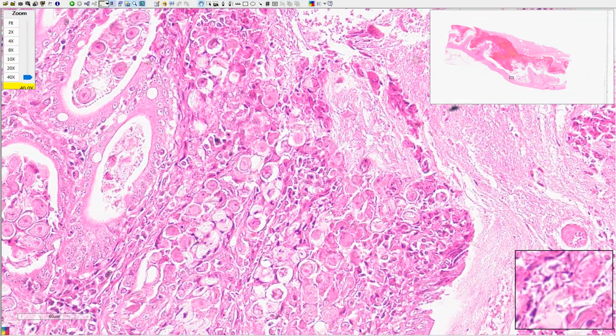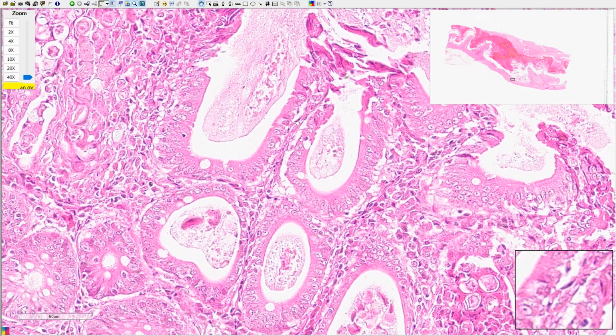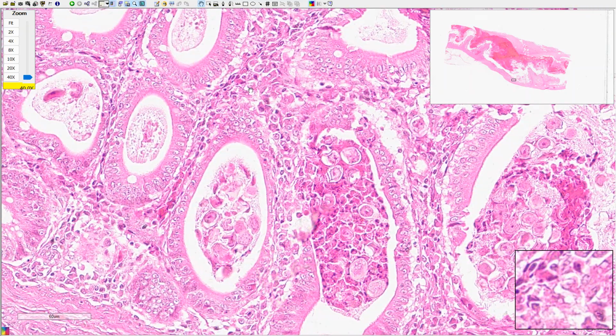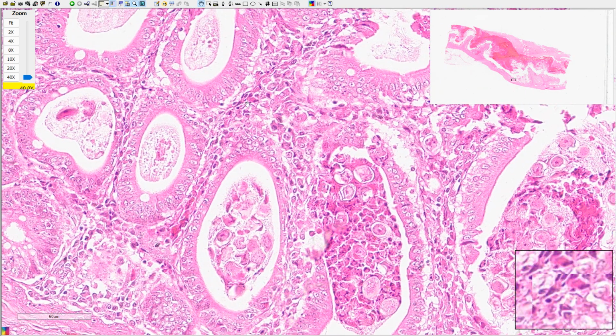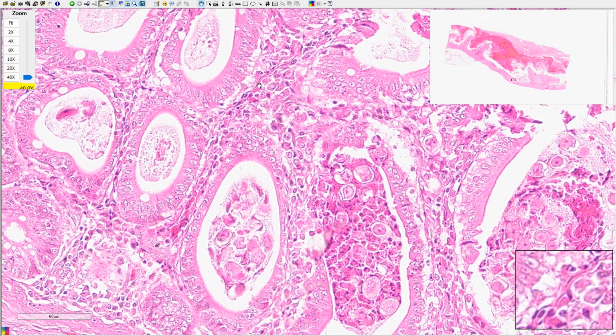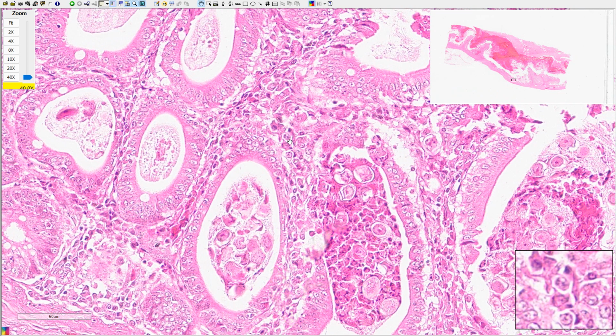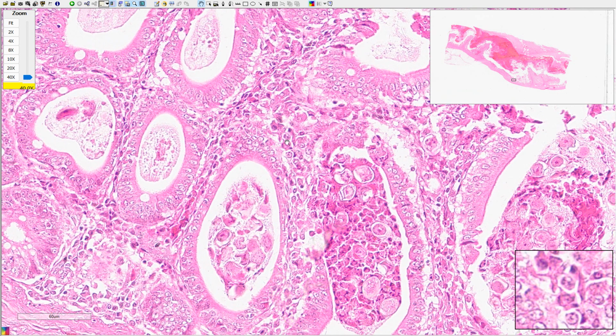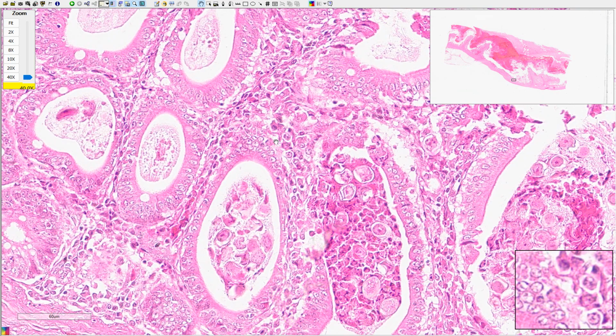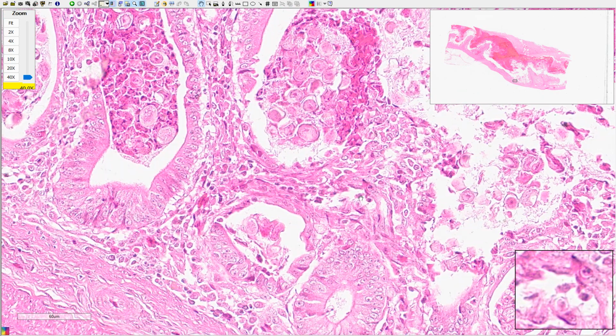Yep, I think that's the main findings in this slide. And between the crypts, you can find also inflammatory cells. Lots of inflammatory cells here, heterophils, macrophages, lymphocytes, and so on.